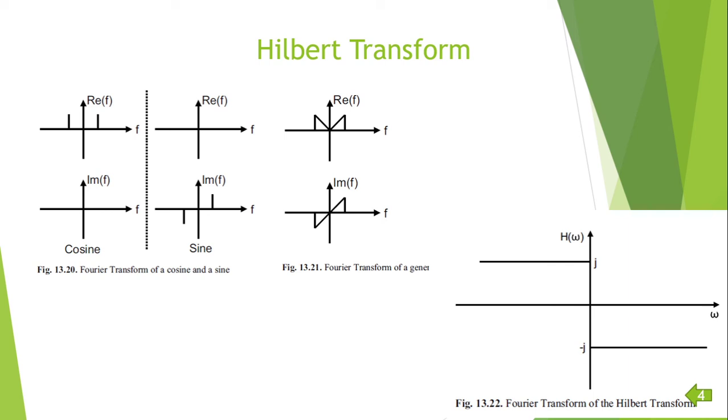If the negative half of the spectrum is multiplied by j, a purely positive imaginary spectrum is obtained for all negative frequencies. If the positive half of the spectrum is multiplied by minus j, a purely negative imaginary spectrum is obtained for all frequencies above 0. The spectrum of a sine is obtained, right?